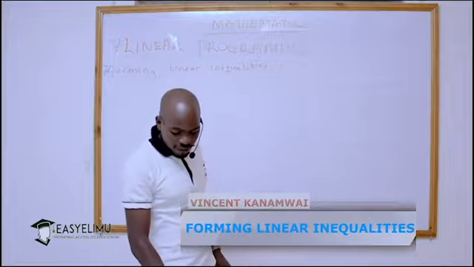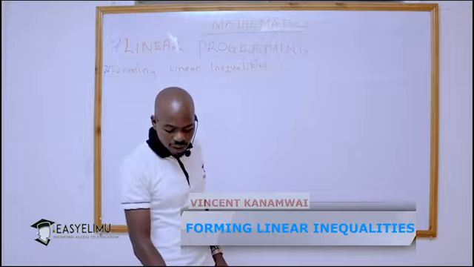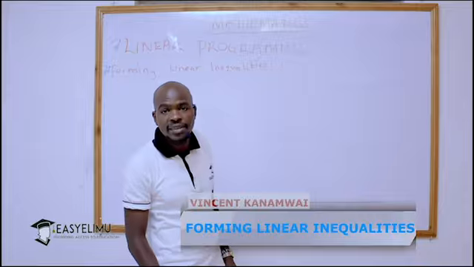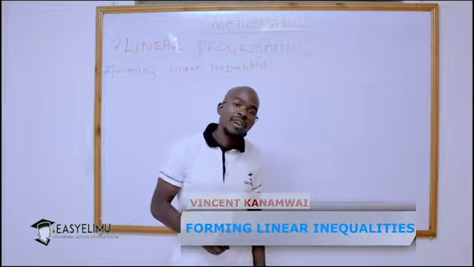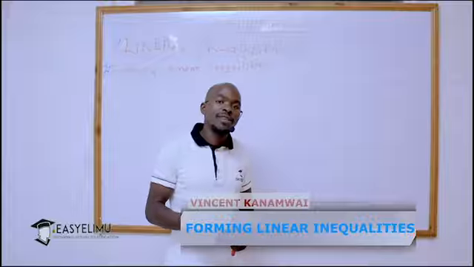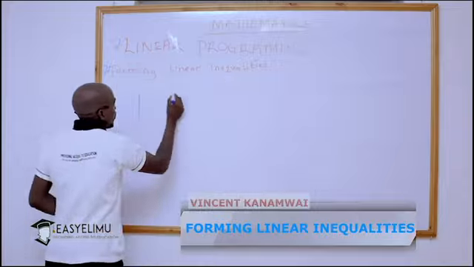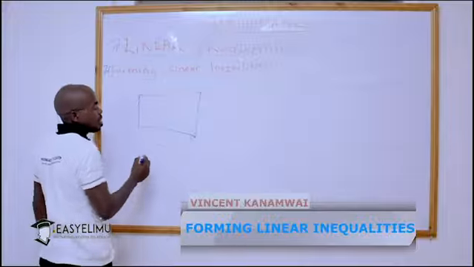For instance, if we have been told the perimeter of a rectangle whose length is x centimeter and width y centimeter is not more than 10 centimeter, you should first understand what dimensions they are talking about. You should be conversant with the rectangle and its sides. For instance, this is our rectangle.